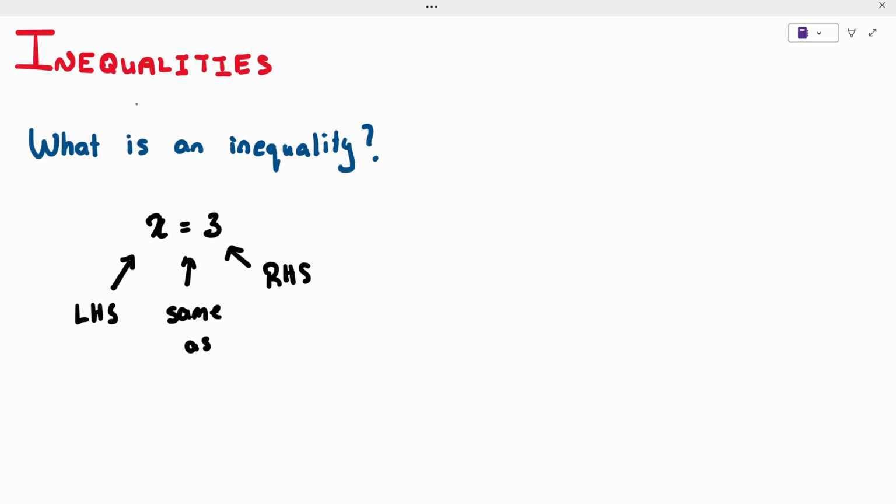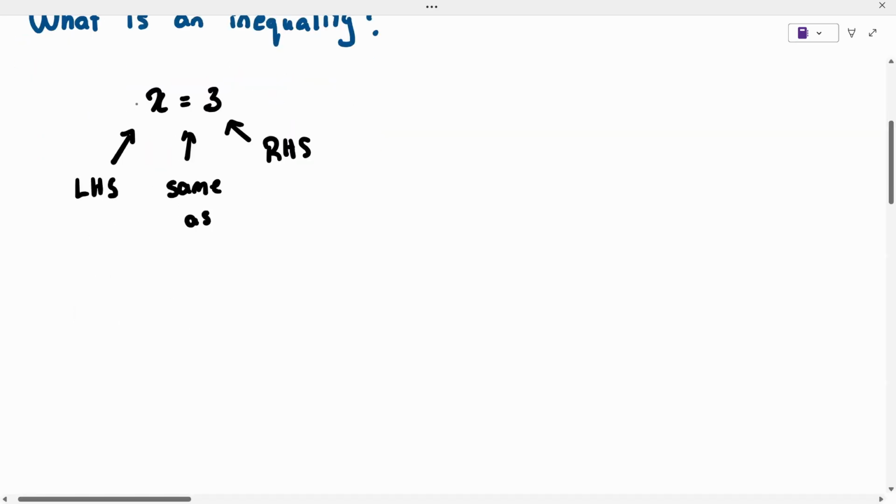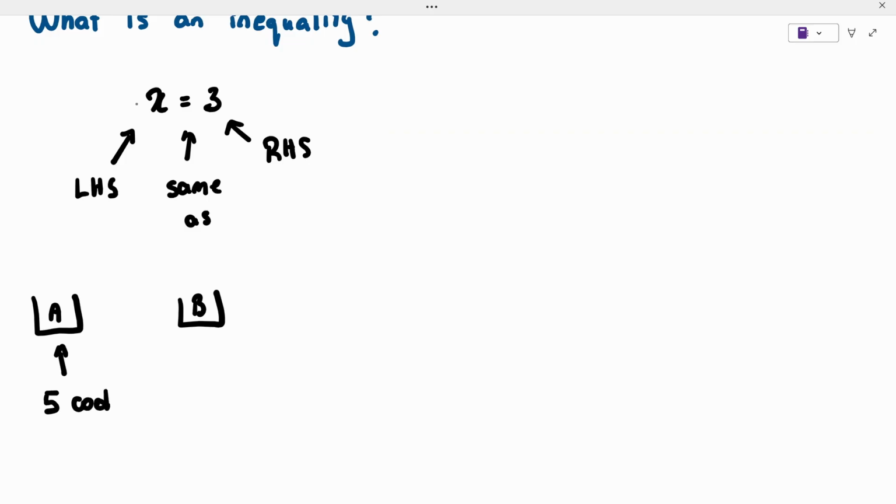But what if I wanted to compare two quantities that are not necessarily equal, right? So let's say I have two boxes. I have box A and I have box B. And both of these boxes have cookies in them, right? So let's say box A has 5 cookies and box B has 3 cookies.